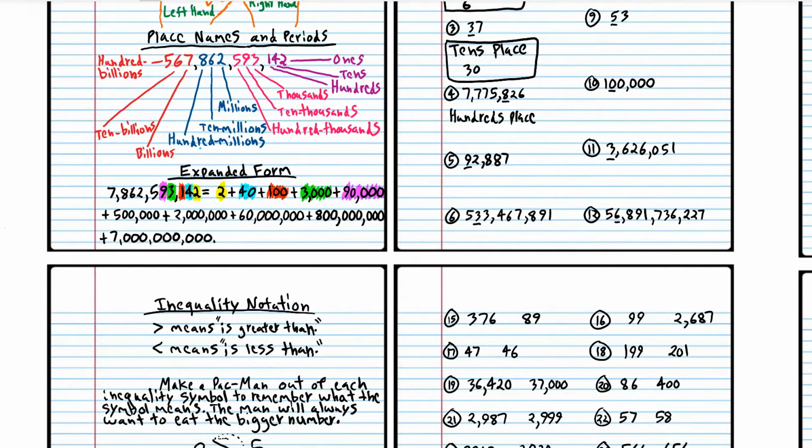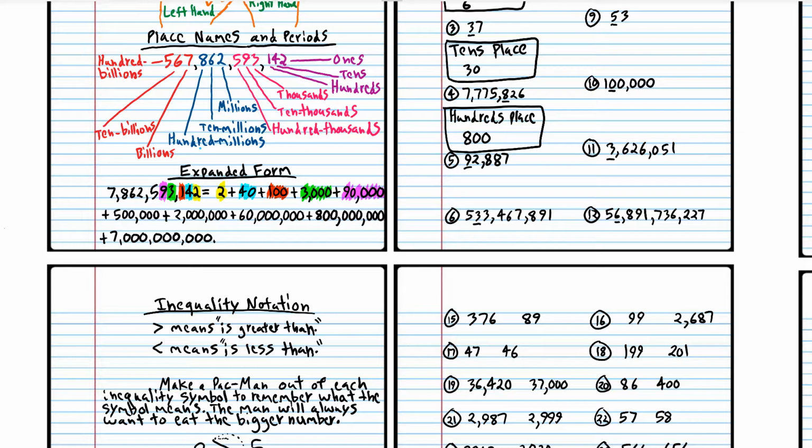And what number is in the hundreds place? It's 8. So that means the place value is 800. Try number 5, and when you come back, we'll do it together. Pause the video. All right, we're back. The 9 is the 5th number over.